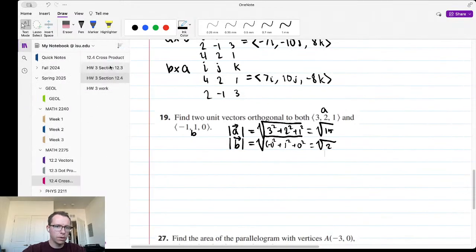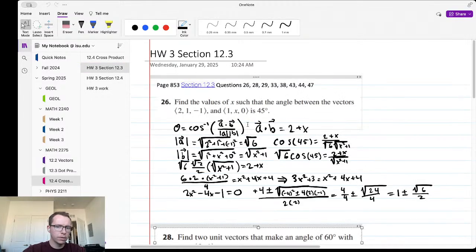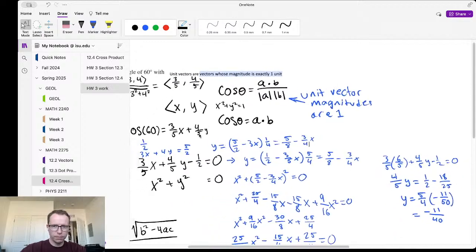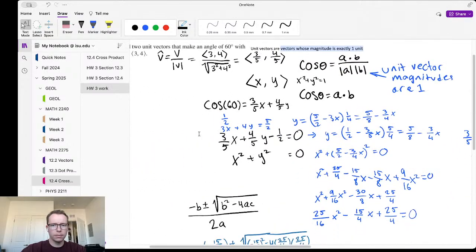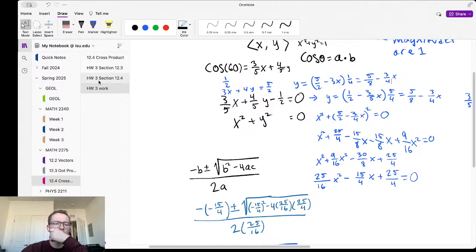Well, I need to preview, maybe go back here. Or is it this one? This one I was having so much trouble with, but we finally got that one. I'm trying to remember, like, in order to make something a unit vector, do you just times it or do you divide it?